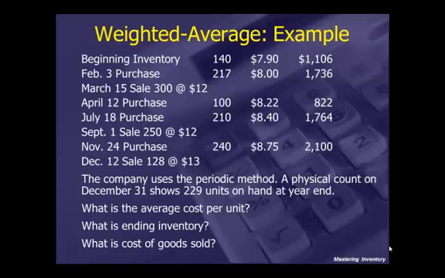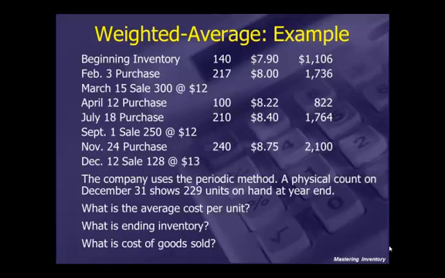September 1 sale, 250 at $12. Again, that is sales price, not cost. And then the last purchase is on November 24th, 240 units at $8.75 for a total of $2,100. Then there's a last sale on December 12th, a sale of 128 units at $13. That is sale price. Now, the company uses the periodic method.